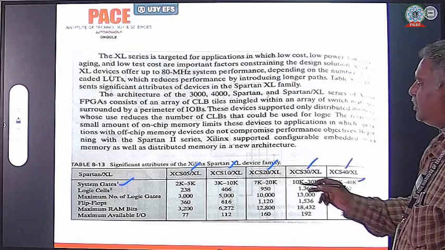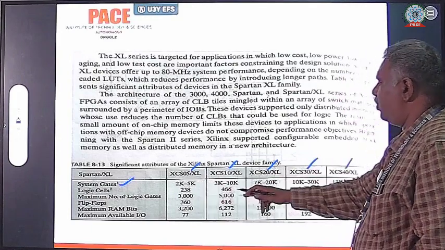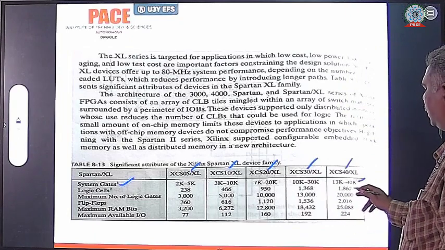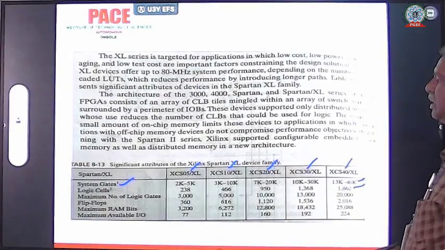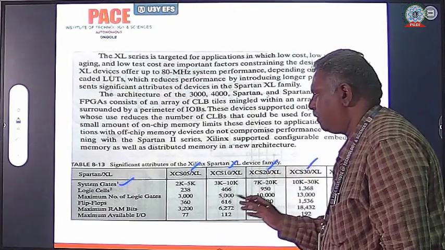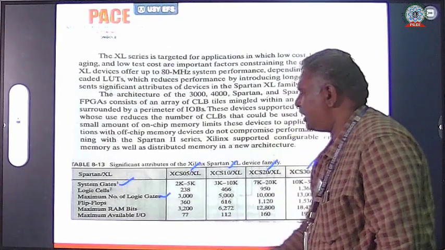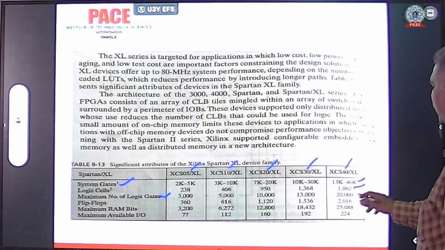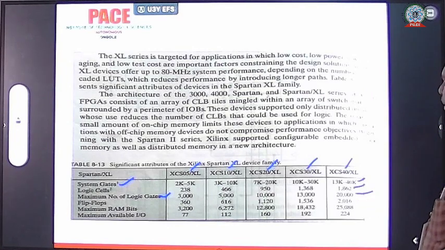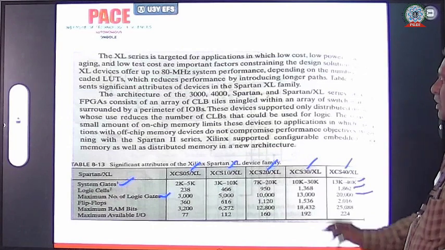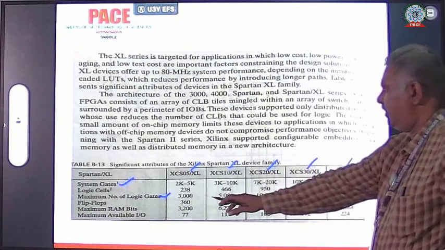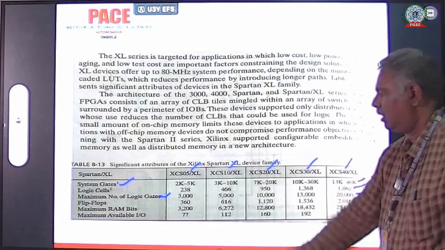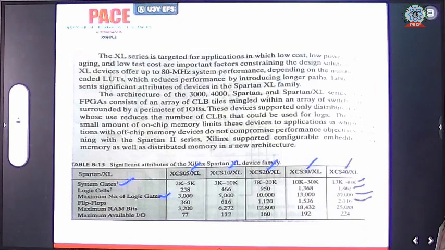If you see logic cells, 238, 466, 950, 1368, and 1862 is another improvement. The number of logic gates is also an important consideration. Initially in the 5 we have 3000. If you take the 40XL, we have 20,000. For flip flops, for every design they increase from 360 to 2016.